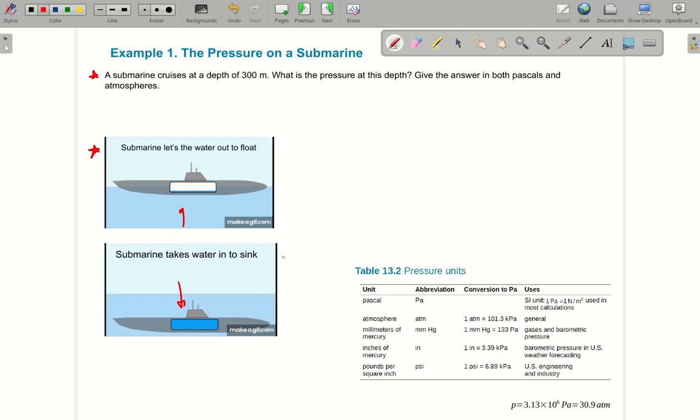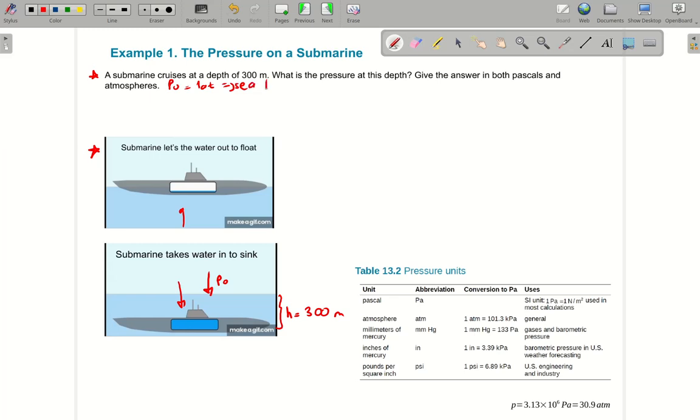But let's assume we are in the water here, and the depth, I'll call this H, 300 meters. And there's air outside here, so there is also atmospheric pressure. The question should have actually specified, but we will assume here P0 is 1 atmosphere because the submarine would be at sea level, of course, right?